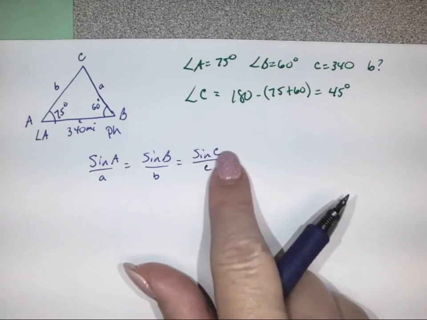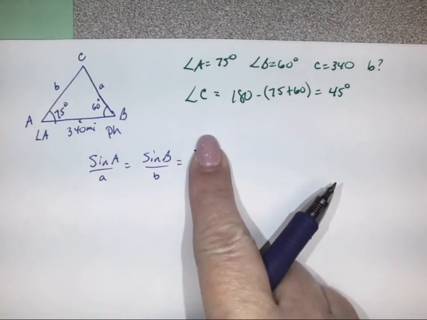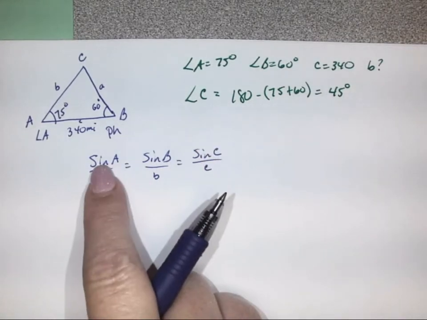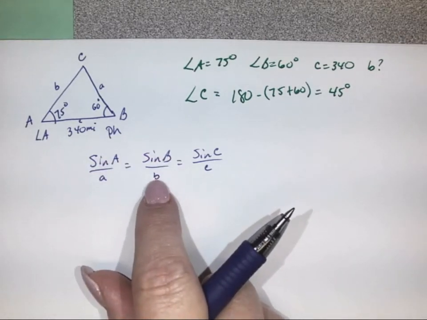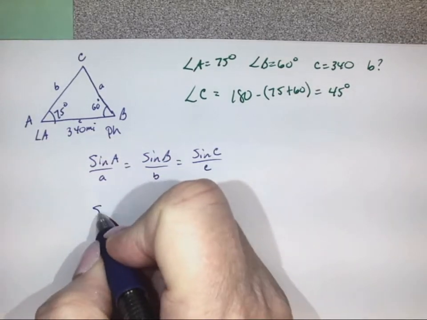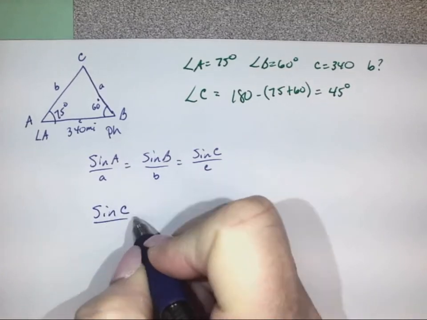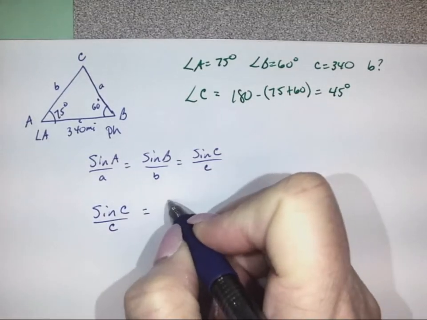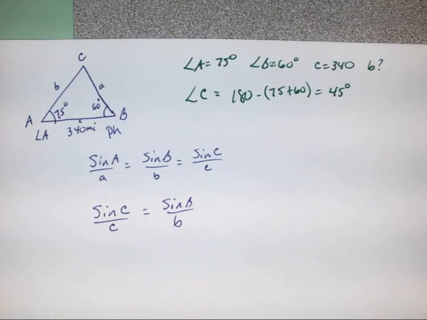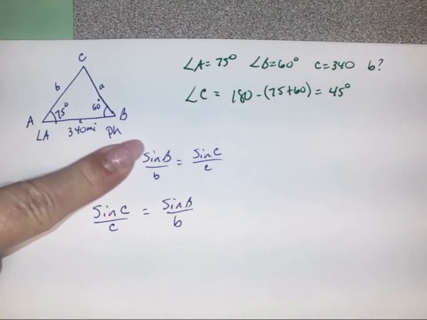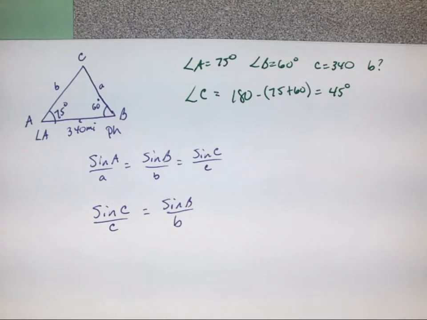We know B, and we need to find little b right there. So I'm going to say that sine of C over c is equal to sine of B over b. You don't use all three. We're just going to use two of them because these are the ones that I know.